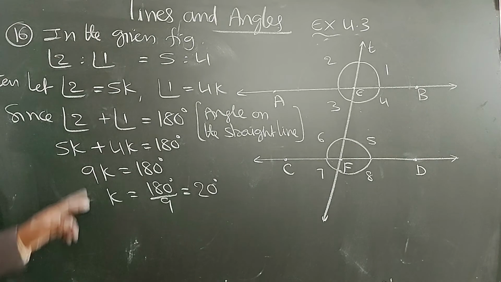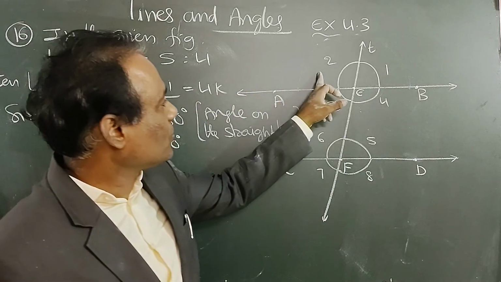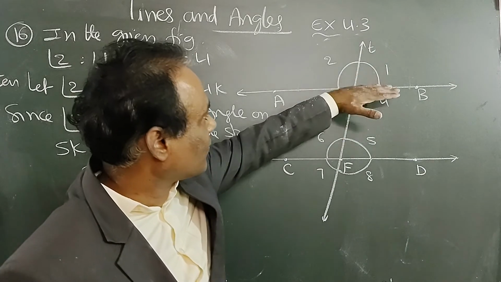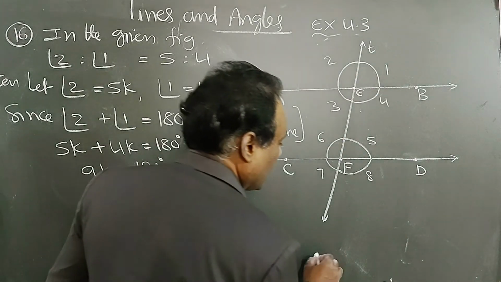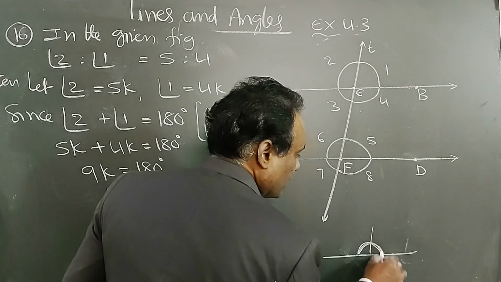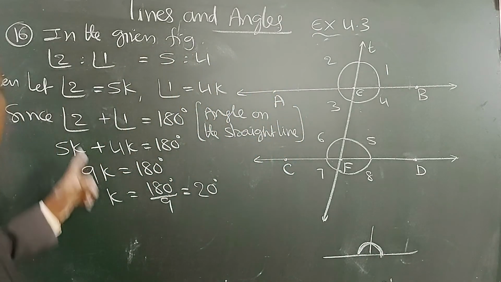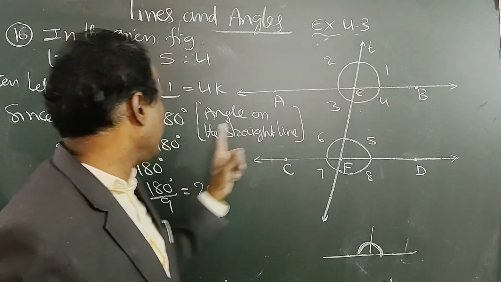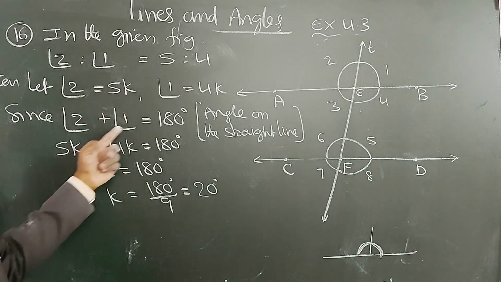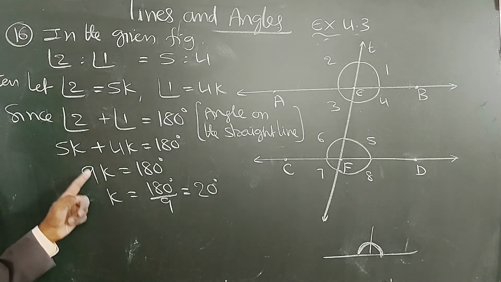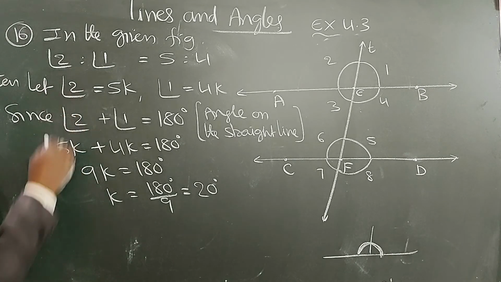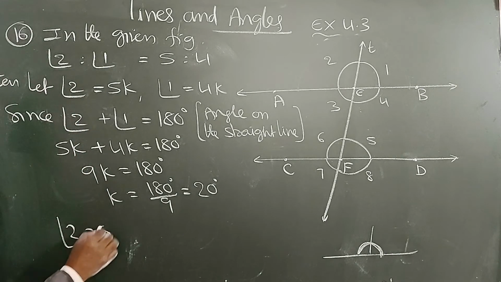See students, angle 2 plus angle 1 is the total angle on one side of the straight line, that is 180 degrees. So k is equal to 20.